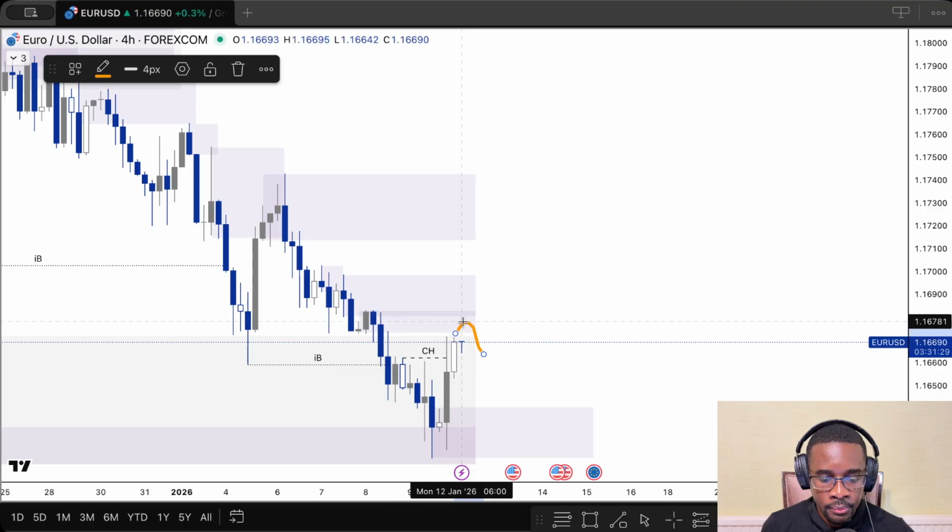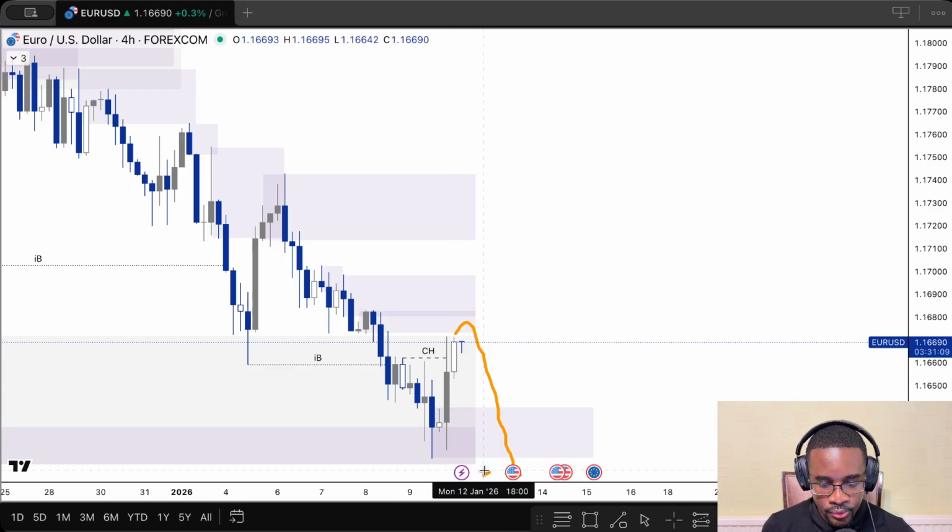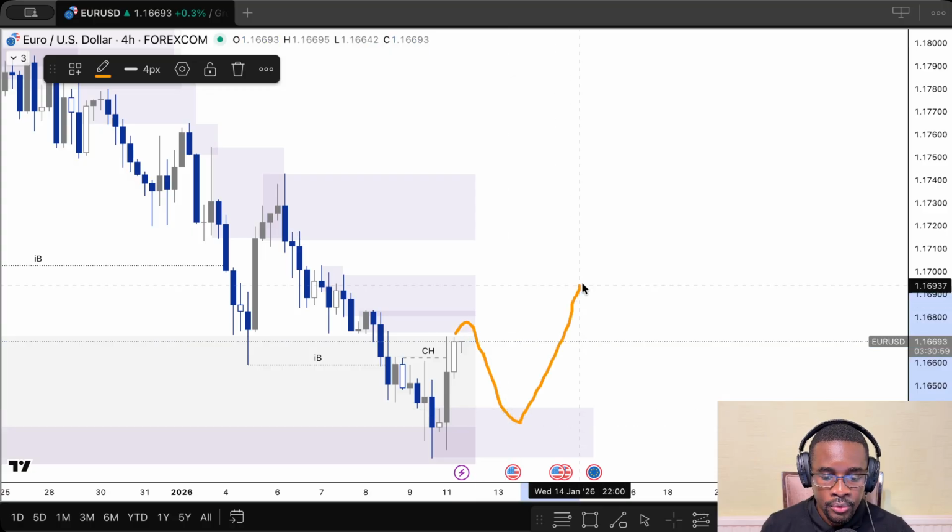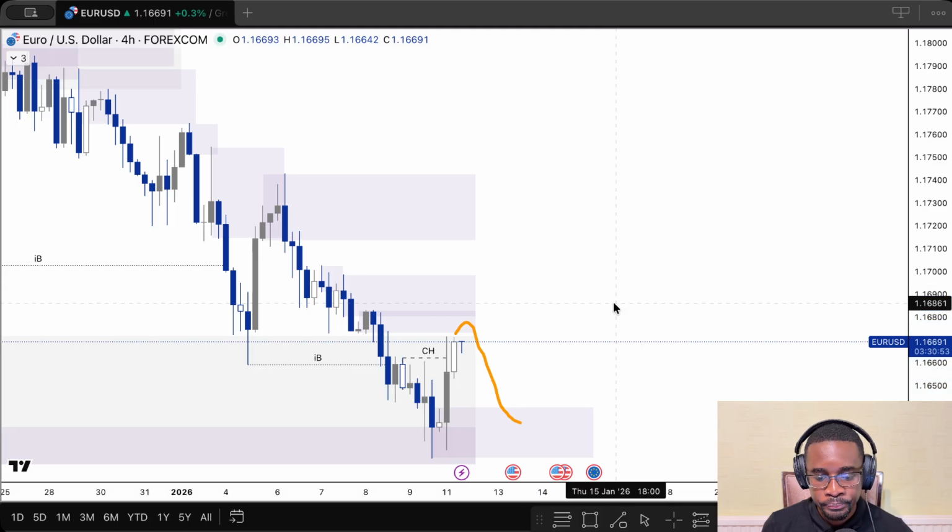So we can expect a mitigation and then a reaction. Whether that reaction is going to be a very strong one to reach this newly formed demand area, or take out the whole daily demand zone, remains to be seen. But the expectation now is that this could be the reaction that will cause price to come back into this area, and then we start having bullish price action continuing from there.